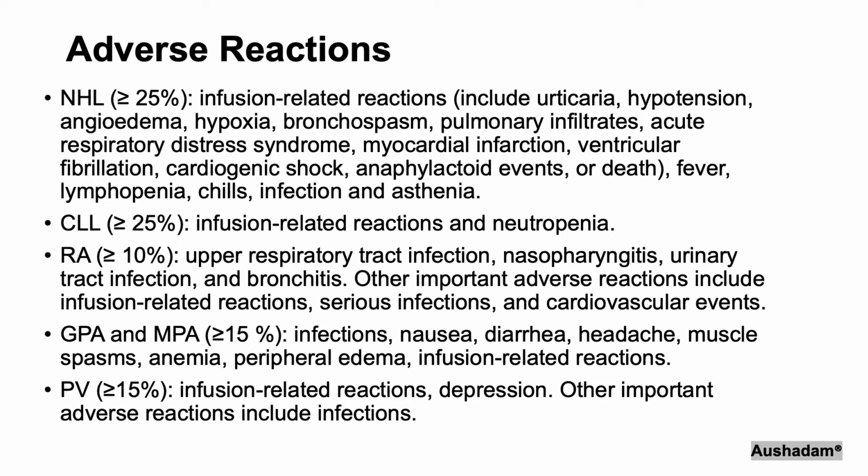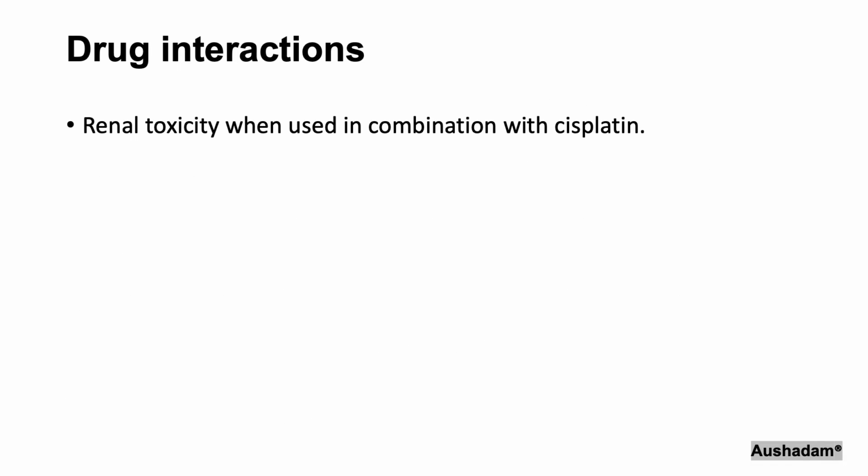In other indications, which are mostly autoimmune, the other common problems listed are infections, as you can see, like urinary tract or upper respiratory tract infections, in addition to the infusion reactions listed above. There are no major drug interactions, but renal toxicity was reported with the use along with cisplatin.